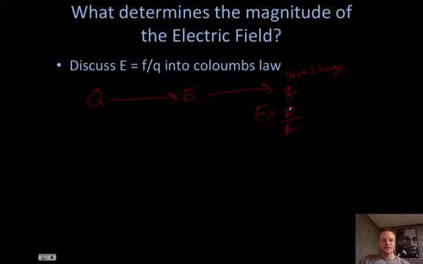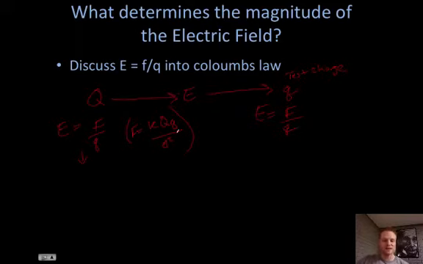Believe it or not, the force in this equation is actually Coulomb's law. So I'm going to rewrite that equation right here, F over little q, but I'm going to insert Coulomb's law where it says F. Remember, Coulomb's law is F equals K times big Q times little q over d squared.